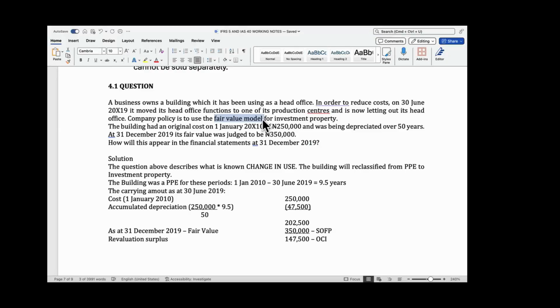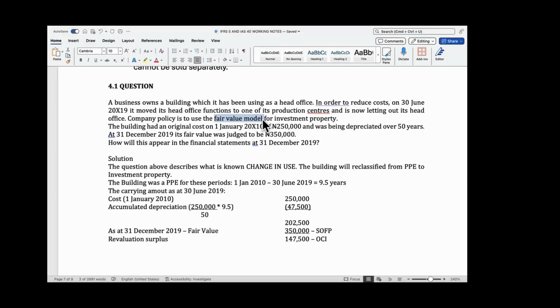If the old use was investment property, that means whatever gain or loss was determined at the date of change in use, or on the first revaluation after change in use, will be treated to P&L. Since the asset used to be investment property, that first one, we believe, is a result of the old use.